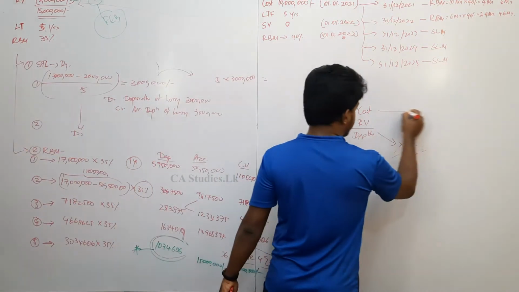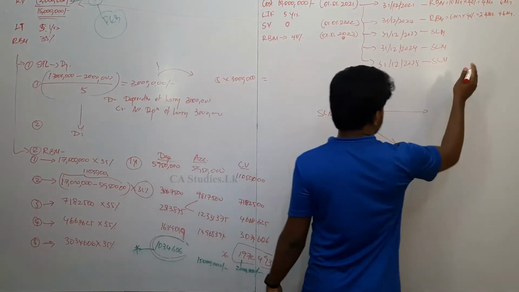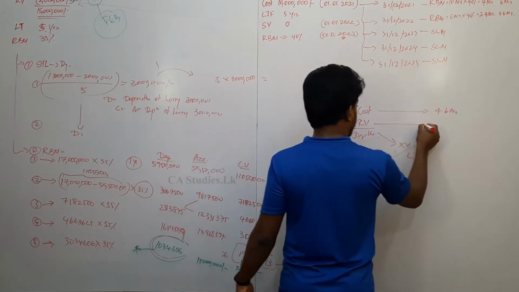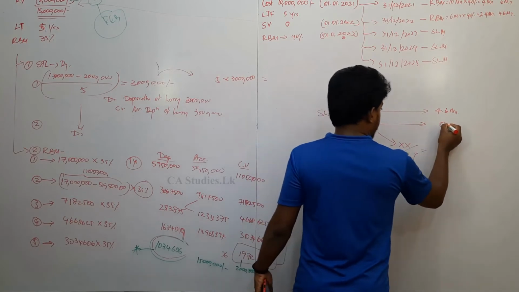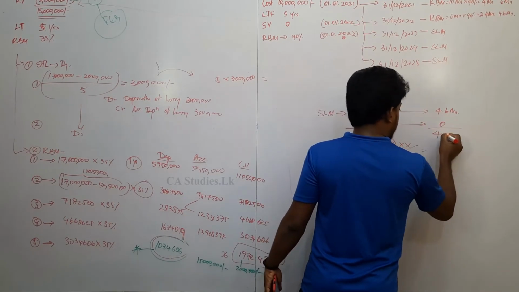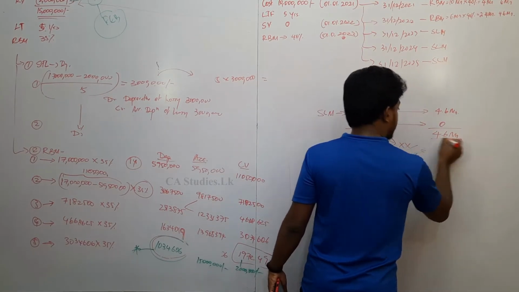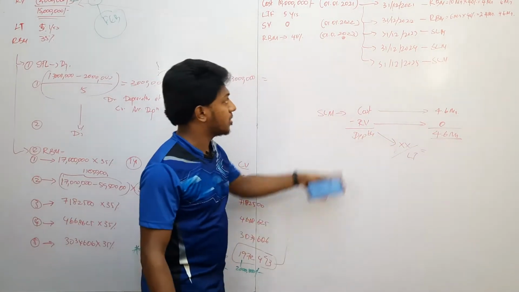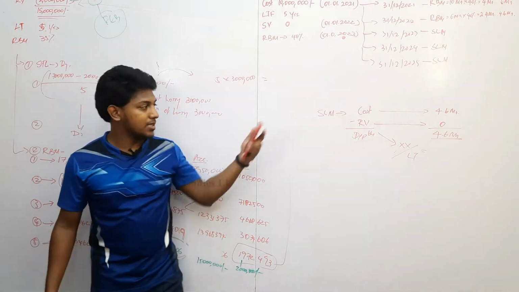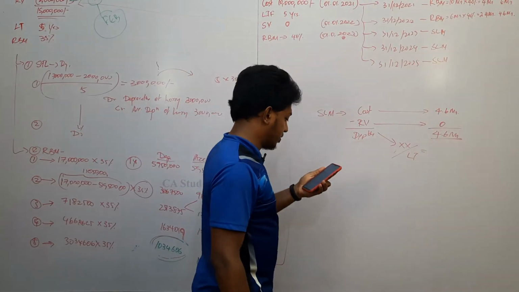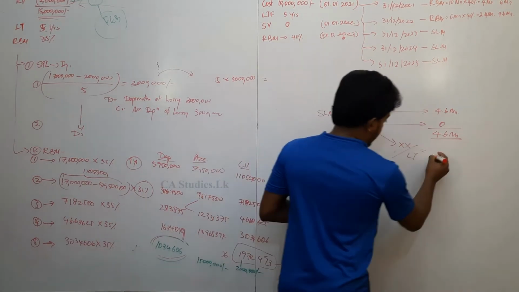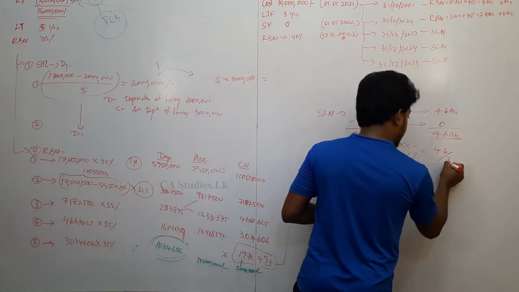Now cost is how much? Balance value is 4.6 million. So 4.6 million we have to reduce over the next 3 years. Scrap value is 0, depreciable amount is 4.6 million. So 2 years we have completed, balance 3 years we have to charge. Now 4.6 million divided by 3.